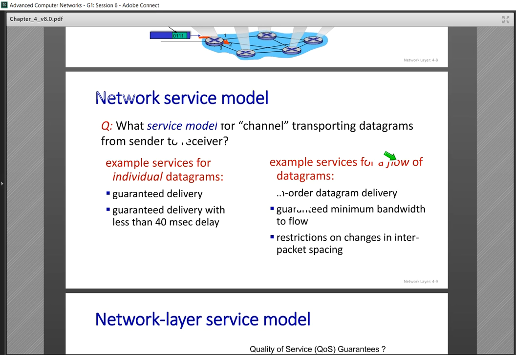It's completely clear because their source and destination are similar. And if I send them along a similar path, I can guarantee that those datagrams will arrive at the receiver in order.